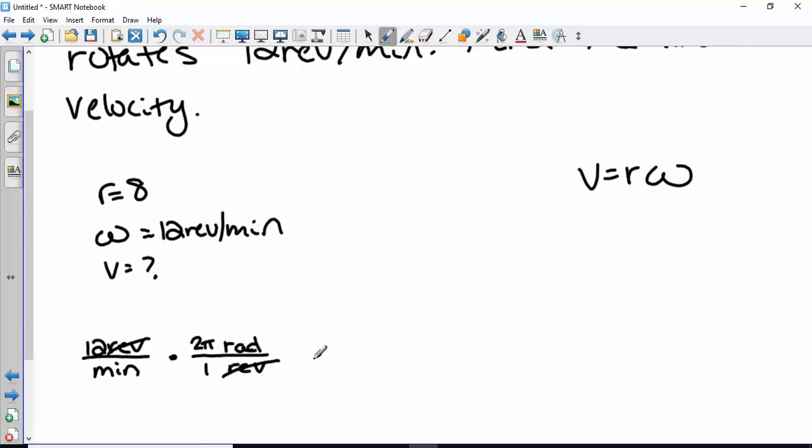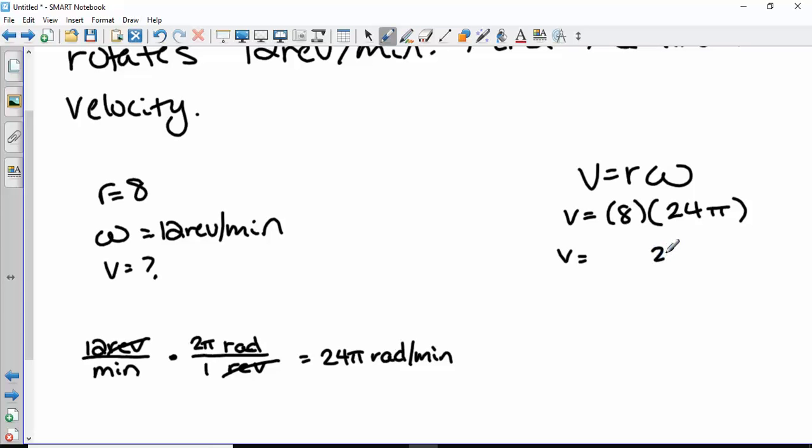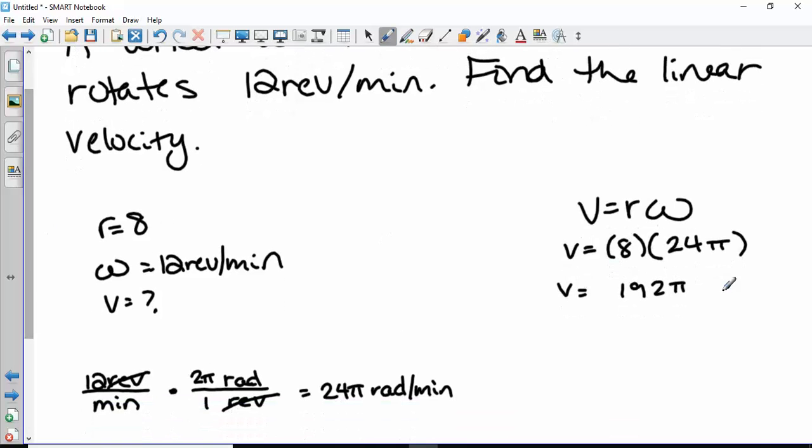So the revolutions cancel. 12 times 2 pi is 24 pi radians per minute. So then V equals r times omega, which is 8 times 24 pi. So we get 192 pi, and that would be inches per minute.